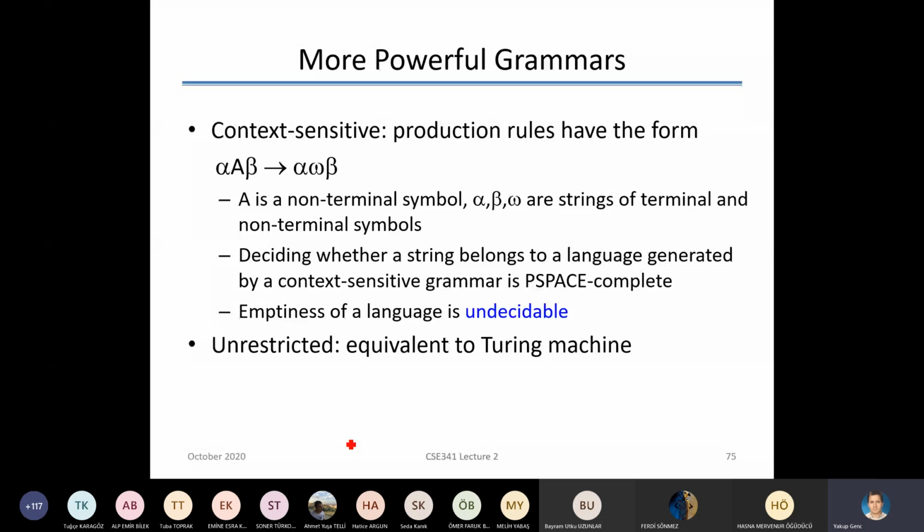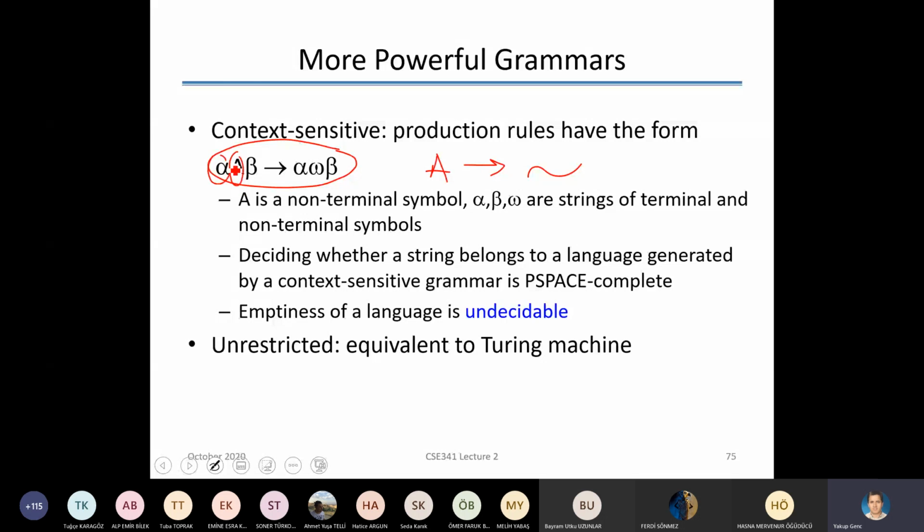There are, of course, more capable or more powerful grammars out there. These are the context-sensitive grammars. The production rules have a form something like this. If you recall, before we were only doing a non-terminal symbol going to something. Now what we have is this thing conditioned upon, or context driven upon, alpha and beta here.